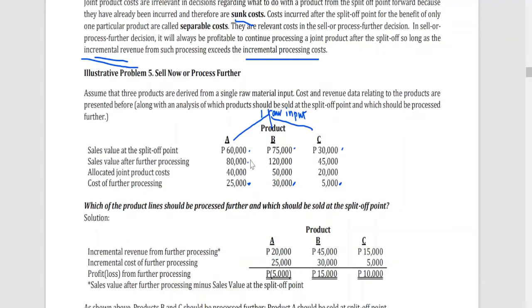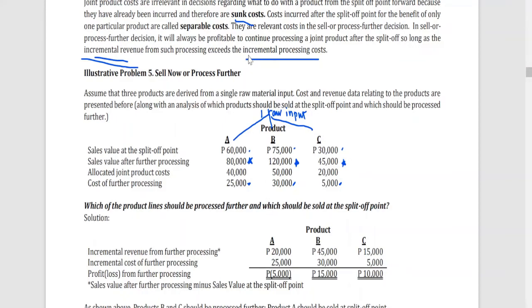So, makadawat siya og 80,000 nga earnings kung i-process further ang A, 120,000 kung i-process further ang B, and 45,000 kung i-process further ang C. Then we also have here the data on the joint product cost. So sa kada isa nila, mausad nitong allocation adtong pag-separate sa tulo from the raw input.